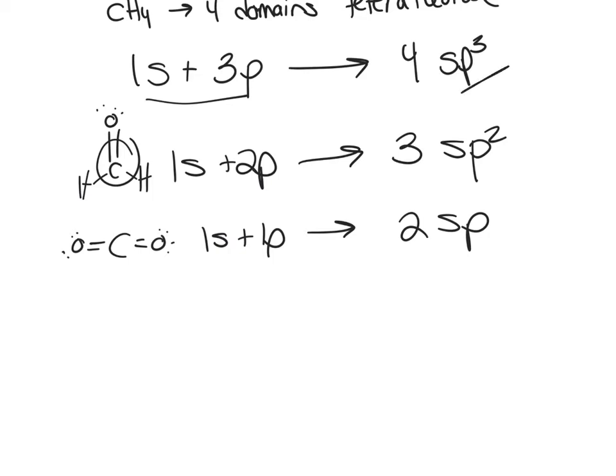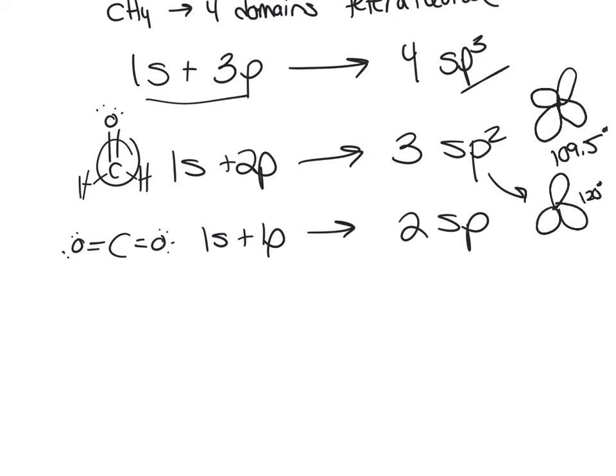And then if I have 4 orbitals around that central atom, they're going to arrange themselves as far away as possible, which is 109.5. Same thing with 3 orbitals as far away as possible, that'd be 120. And this is where your bond angles come in. And 2 orbitals, that's going to be 180.